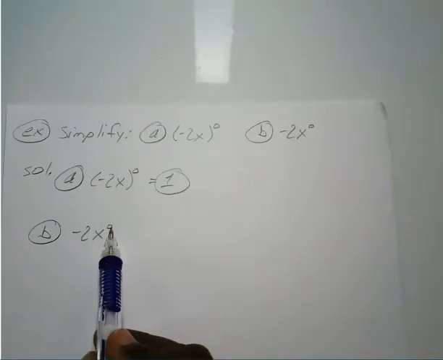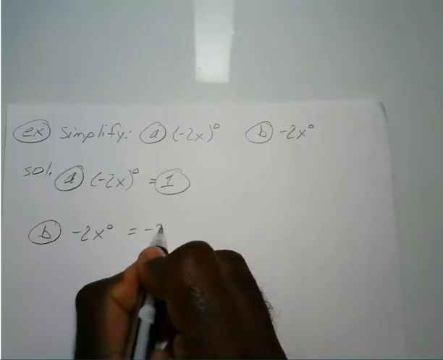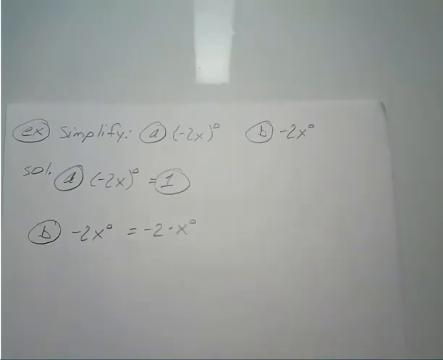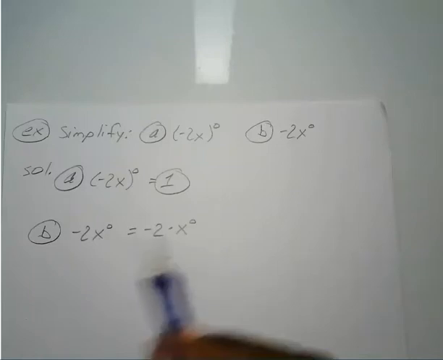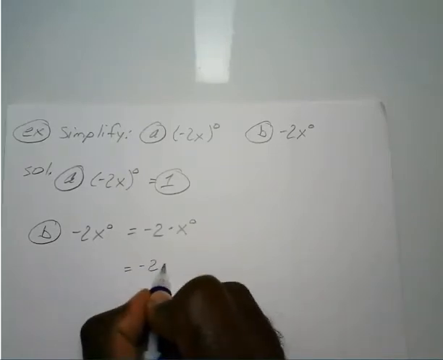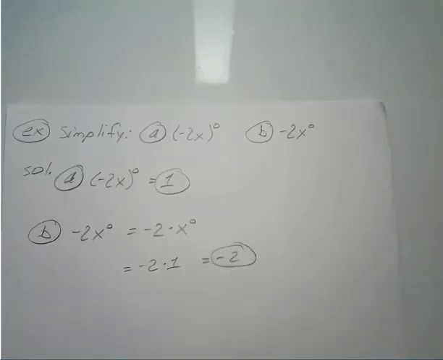That 0 only applies to whatever's to the left of it. So really this is just like saying negative 2 times x to the power of 0. We know anything raised to the power of 0 is equal to 1. So we have negative 2 times 1, which is just negative 2.